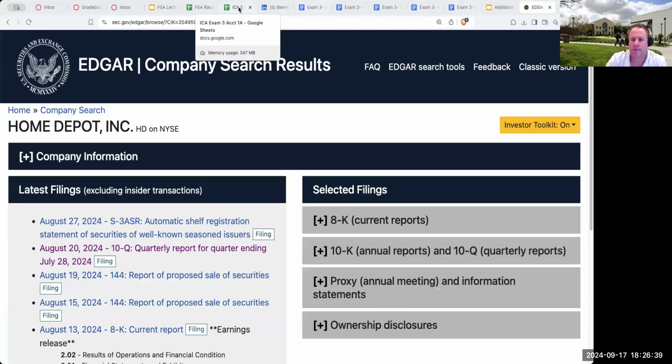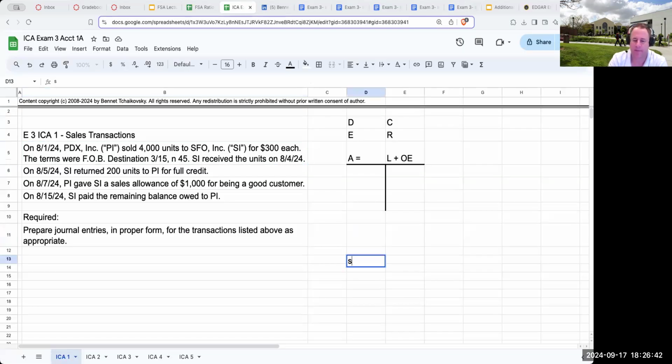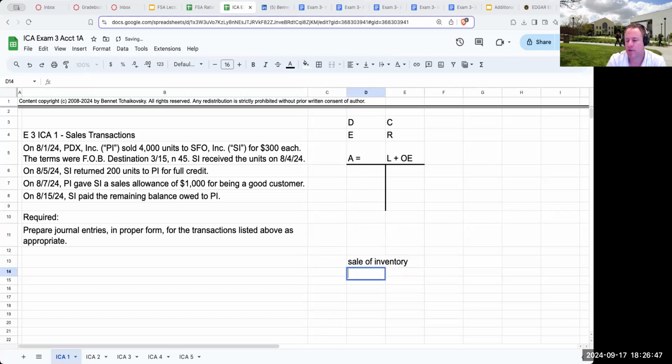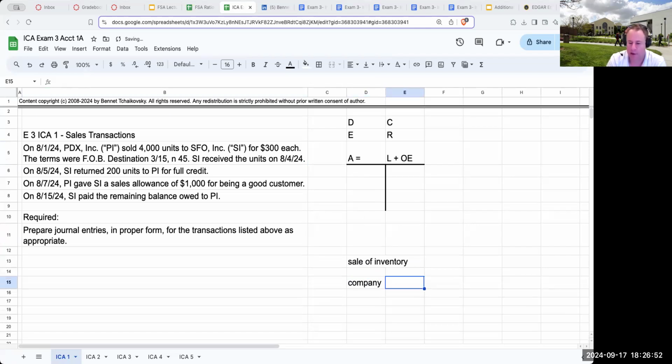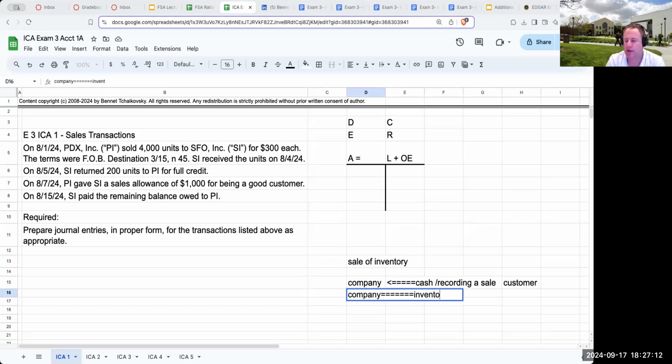So, when a sale of inventory happens, if we're the company, the customer is giving us cash, right? We're recording a sale, and this is from the customer. But when we're selling inventory, we're giving inventory to our customer.